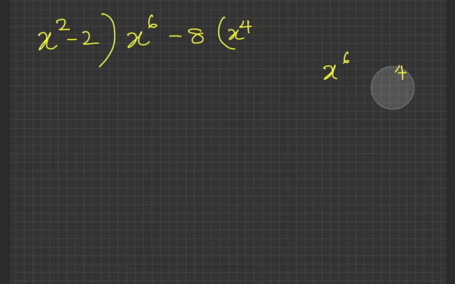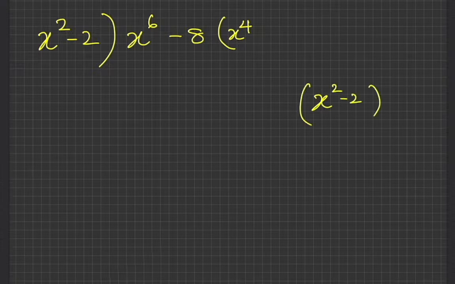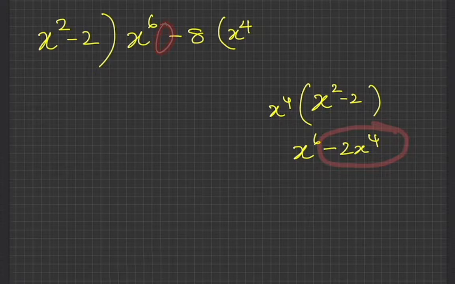Now let's multiply x to the power 4 by x to the power 2 minus 2. So what is it that I'm going to get? x to the power 6 minus 2x to the power 4. But I don't have this term over here, so I'm going to just plug that in.